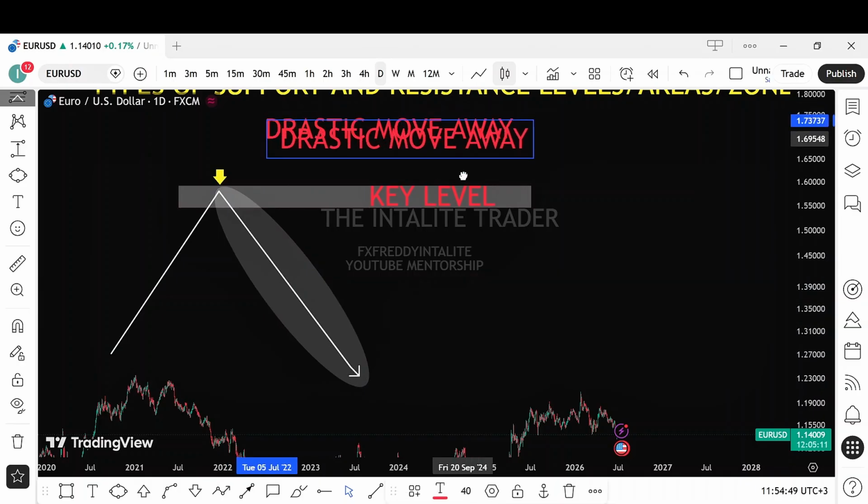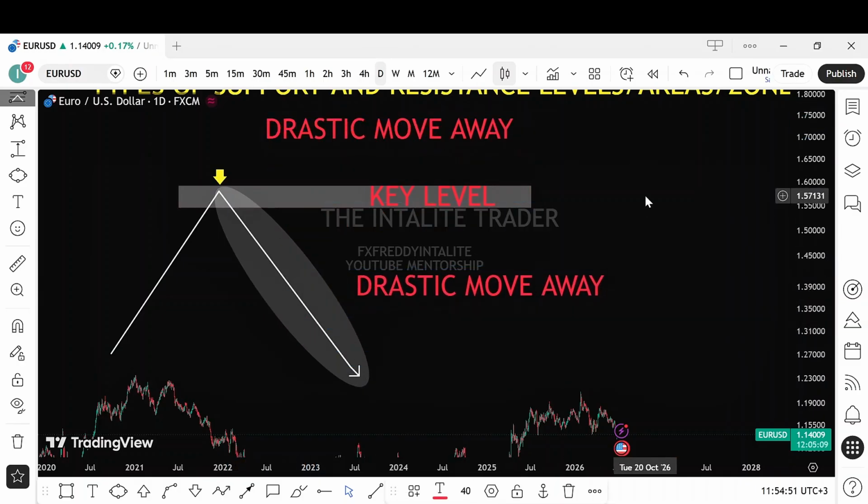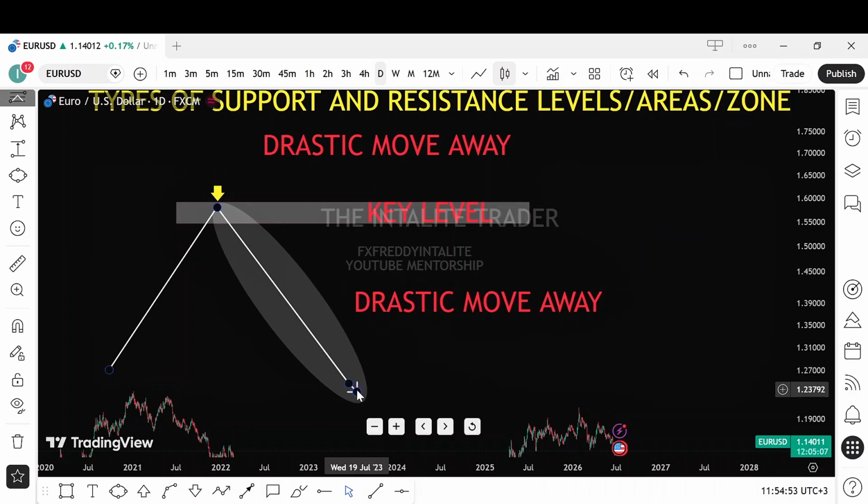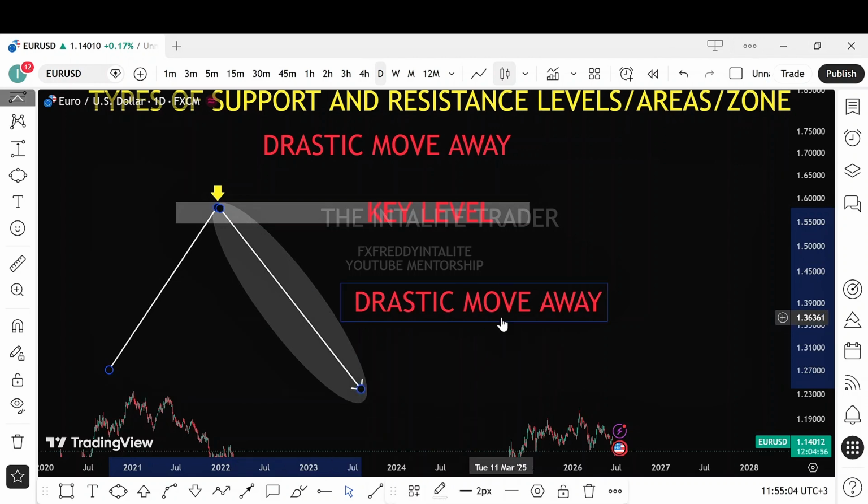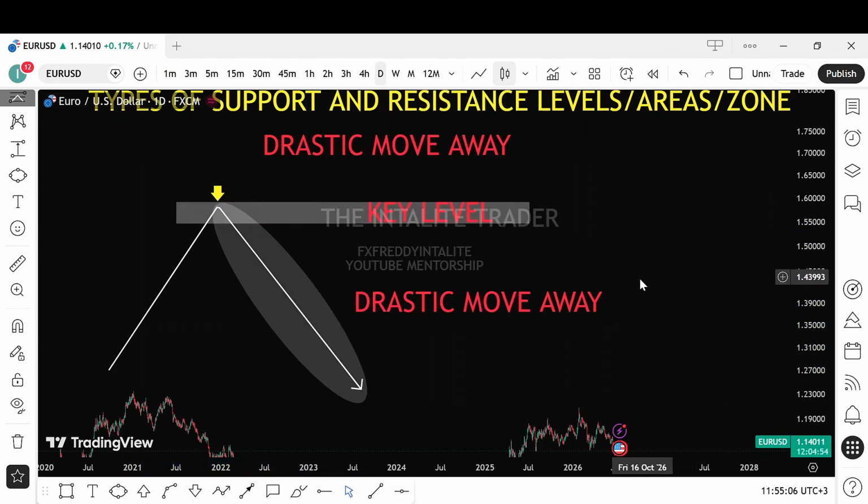We call it a drastic move because the move was very strong. The steep reversal of price was very strong. How price reversed off of this level is very strong.